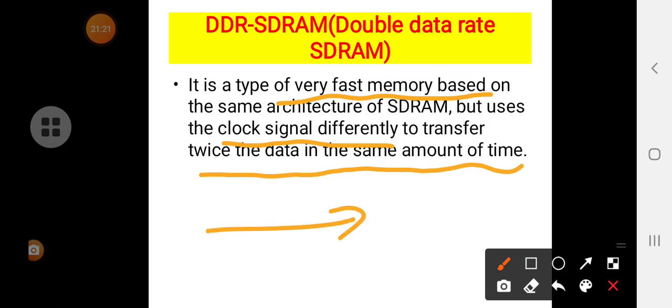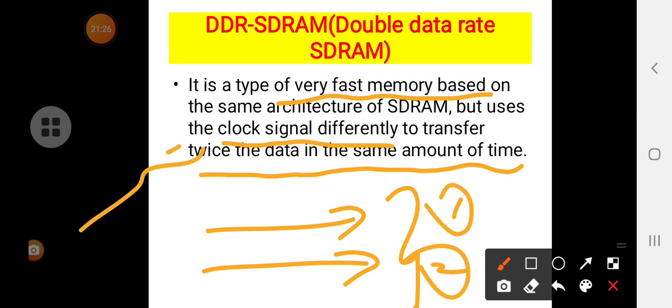SDRAM was transferring once with respect to time, but here it transfers at double the rate. So it is called double data rate. It transfers the data or instruction two times with respect to time.